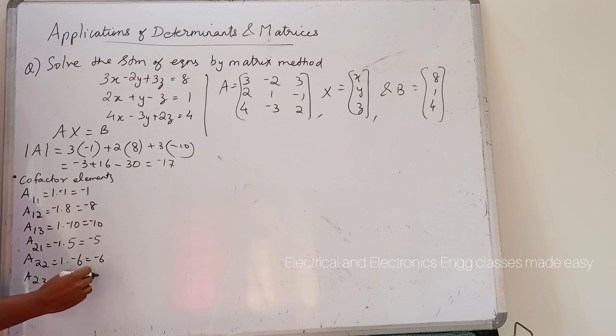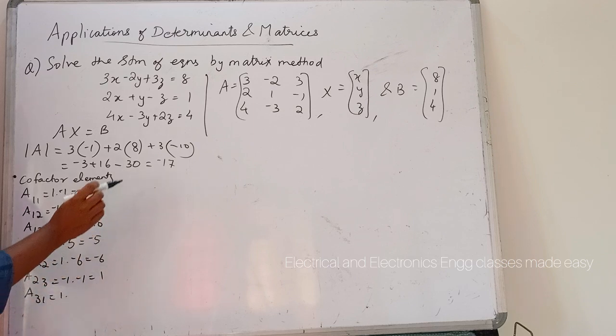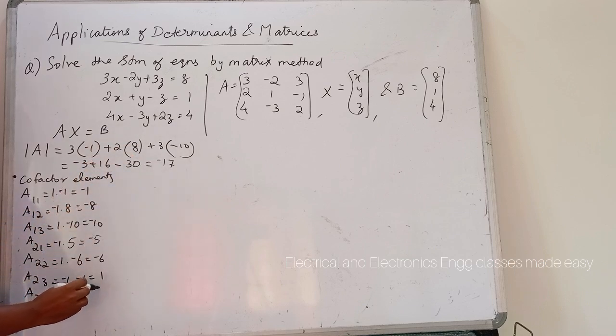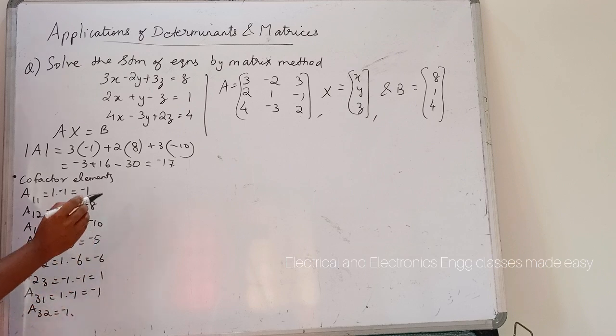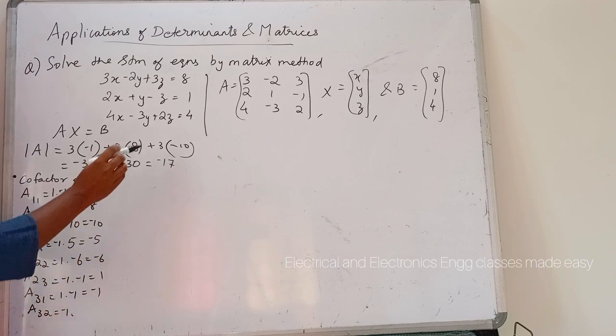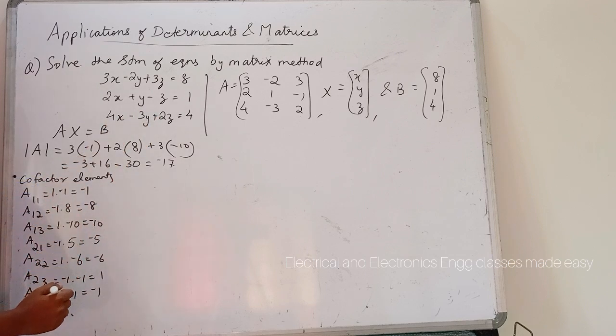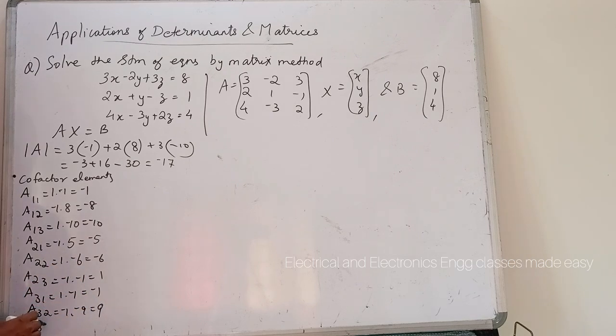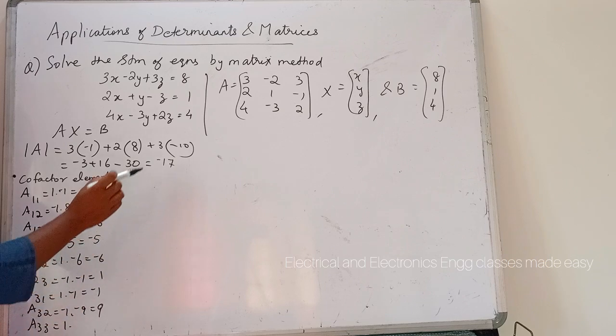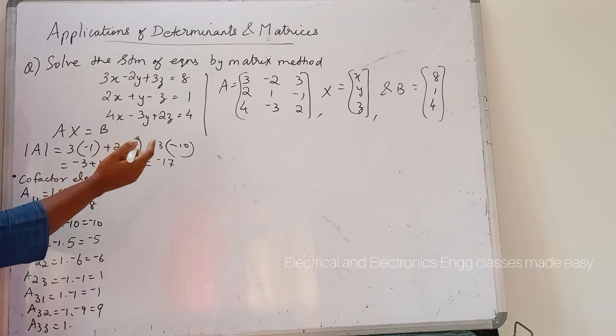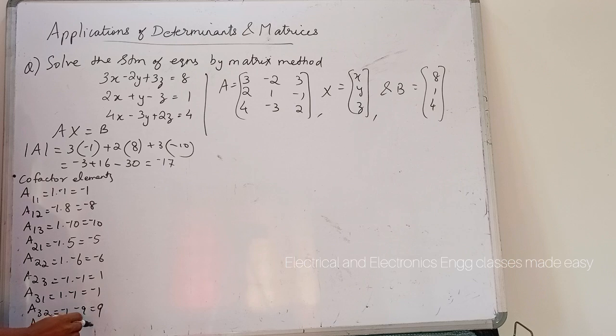That is minus 1. Then A31 is 1 into 2 minus 3, that is minus 1. Then A32 is minus 1 into minus 3 minus 6, that is minus 9, that is plus 9. Then A33 is equal to 1 into M33, 3 plus 4, that is 7.